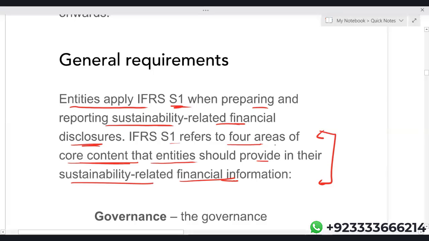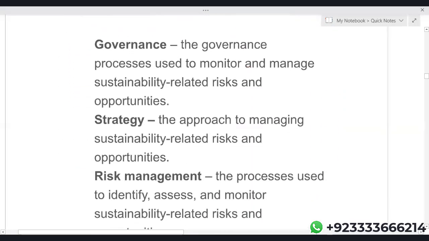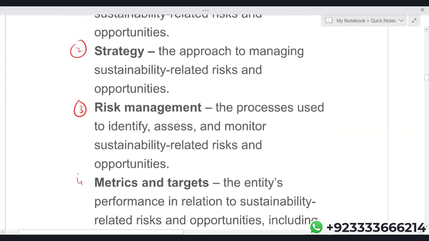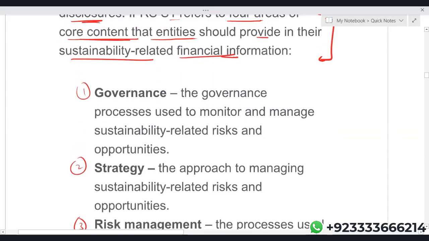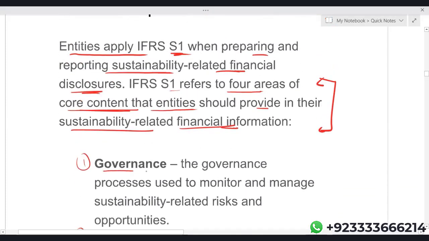S1 refers to the four areas of core content that entities should provide in their sustainability related financial information. At least, students, try to memorize the definition of these four areas in S1. Governance: the governance processes used to monitor and manage the sustainability related risks and opportunities.